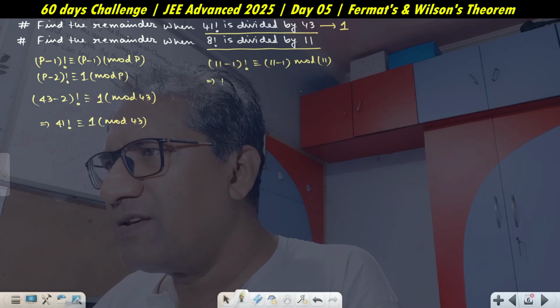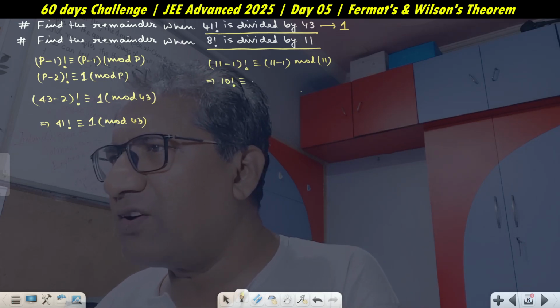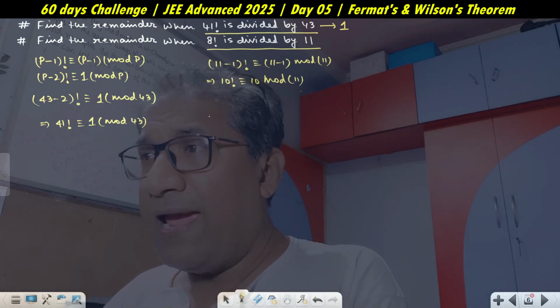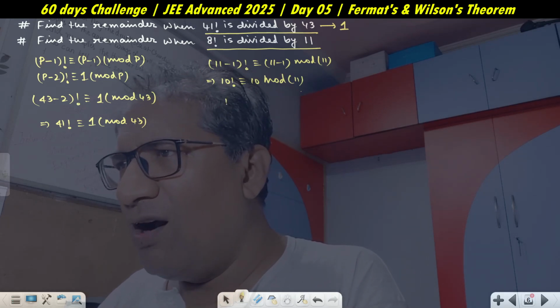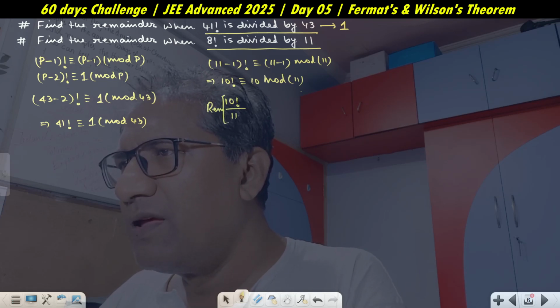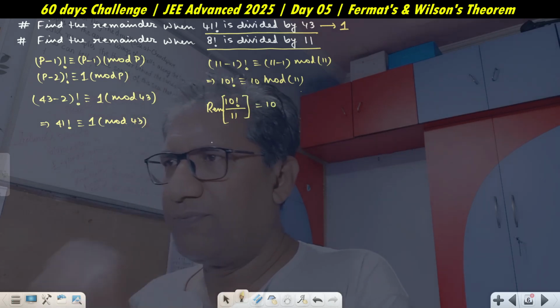That is, factorial 10 when divided by 11, the remainder will be 10. Okay, so what we got? We got that when factorial 10 is divided by 11, the remainder will be 10.